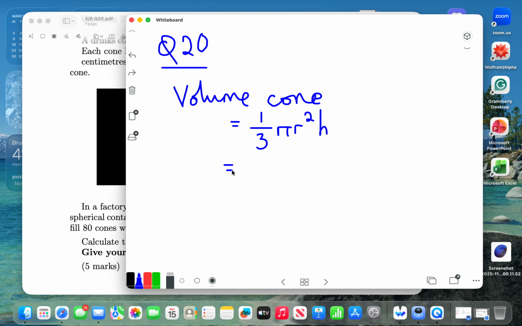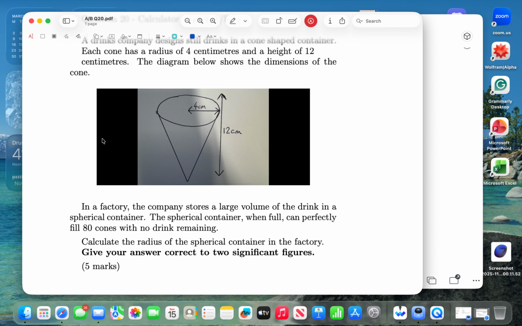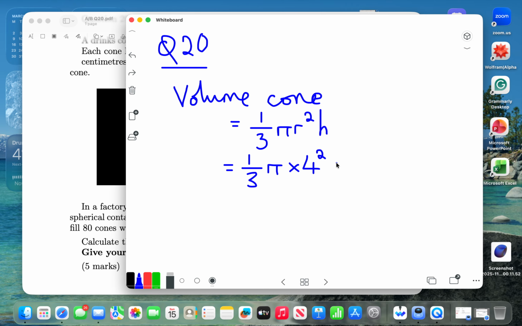We can then start substituting. It's multiplied by 4 squared, and it's then multiplied by 12.